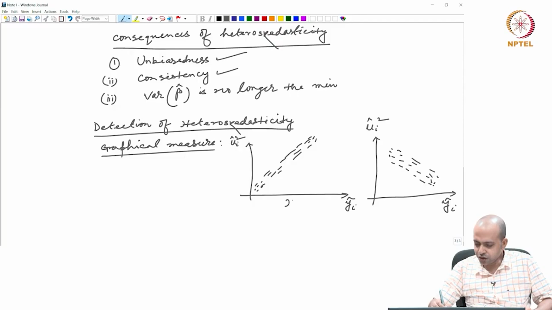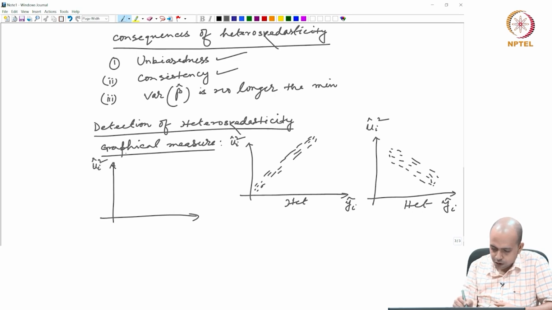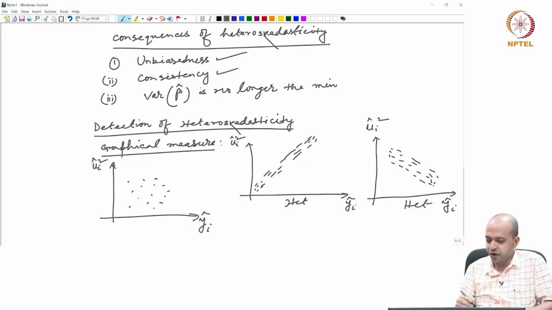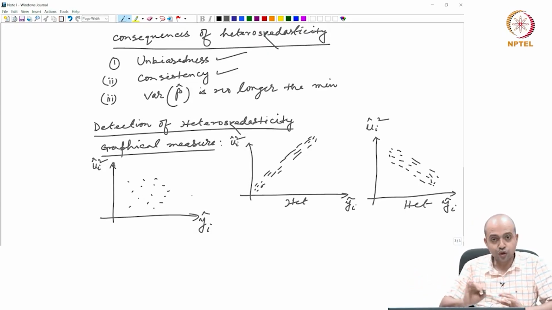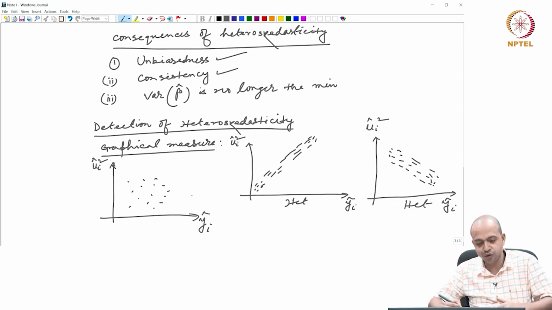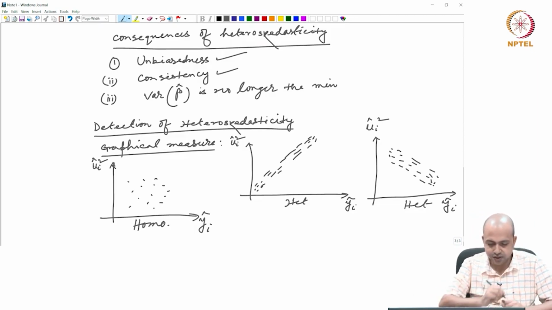So, both these conditions say this is heteroscedasticity, but if you plot your ui hat square like this, then you see that your, this type. So, no pattern, this is upward sloping pattern, but here there is no clear cut pattern that we can observe between ui hat and yi hat, then we say that this is homoscedasticity.